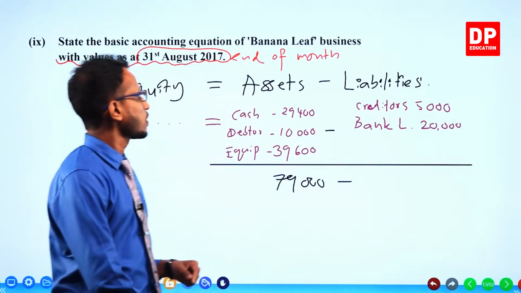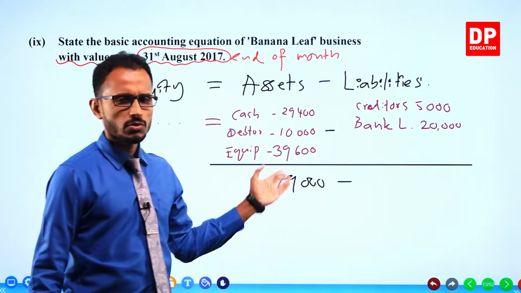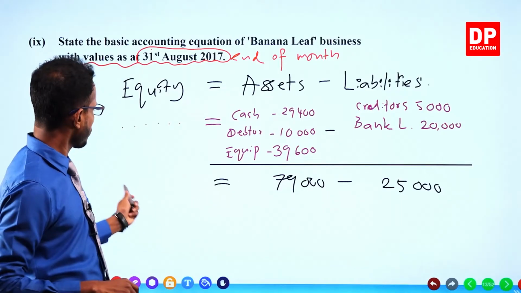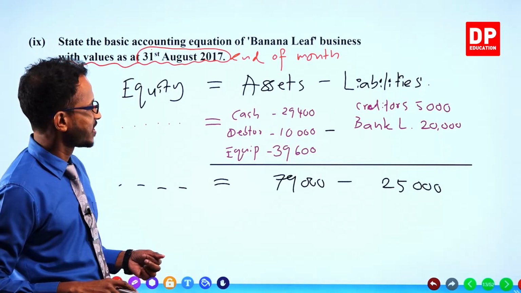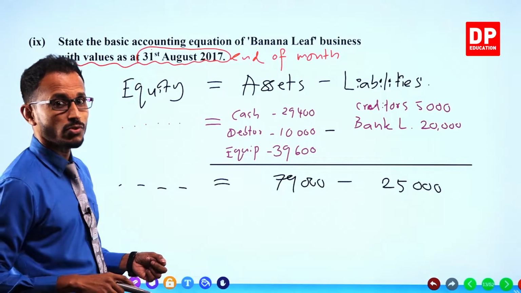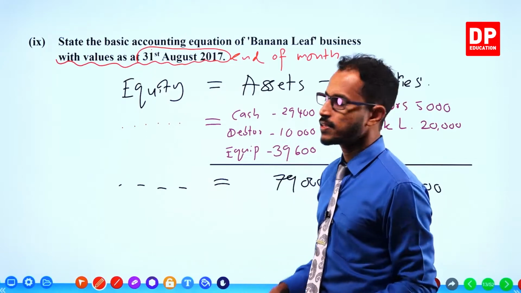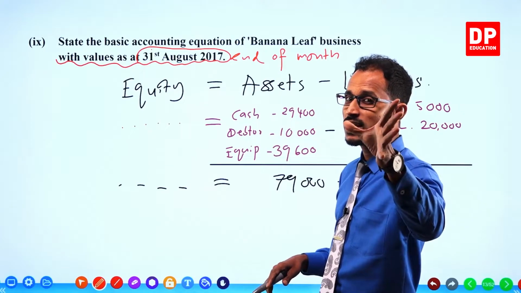Minus liabilities, 25,000. Answer is how much? We get the capital here: 54,000, right? Do your calculation, do your math, get the answer. This is the basic accounting equation at the end of the month.